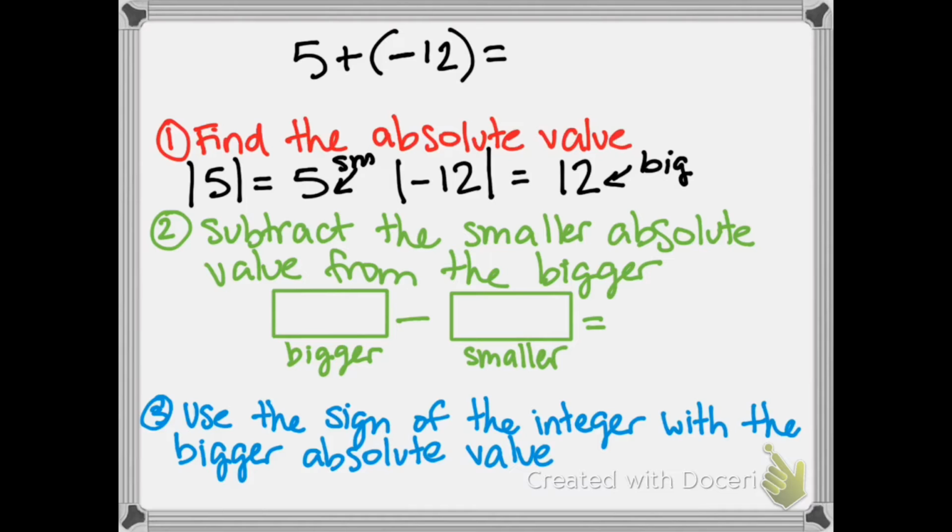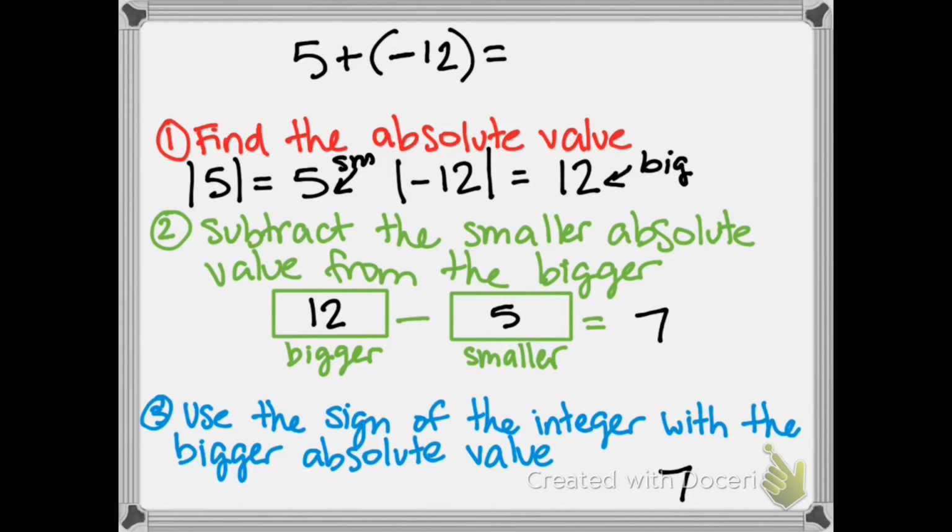So for step number 2, I want to put the bigger absolute value first and subtract the smaller absolute value, and that will give me 7. Now I'm not done yet. I know that 7 is going to be a part of my answer, but my last step tells me what sign I need to use.